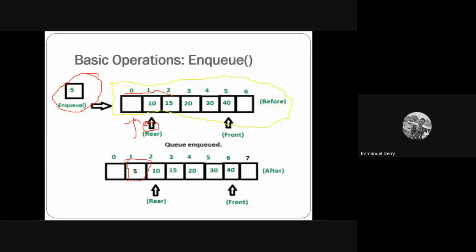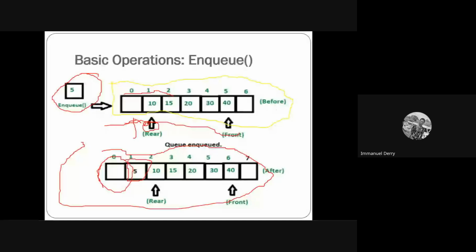And now we have 0 here, which also means there's no value at the first position or the position 0. So this is before the enqueuing, and this is after enqueuing.